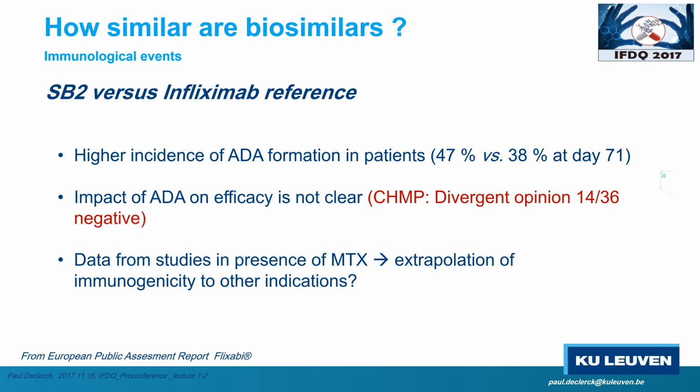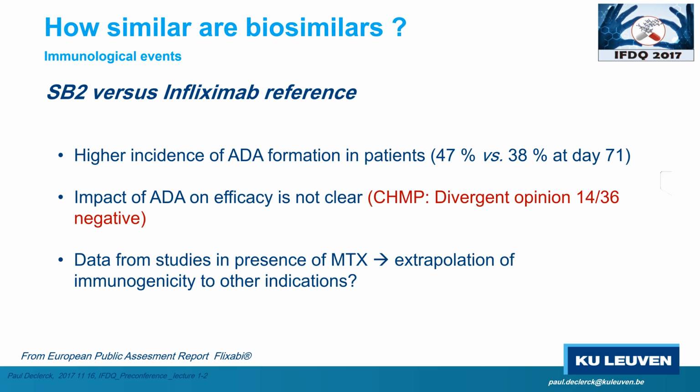And you will also know that depending on the indication, depending on the patient population, you may also have concomitant adjuvant treatments, for instance, such as methotrexate. Methotrexate will also have an immunosuppressive effect.